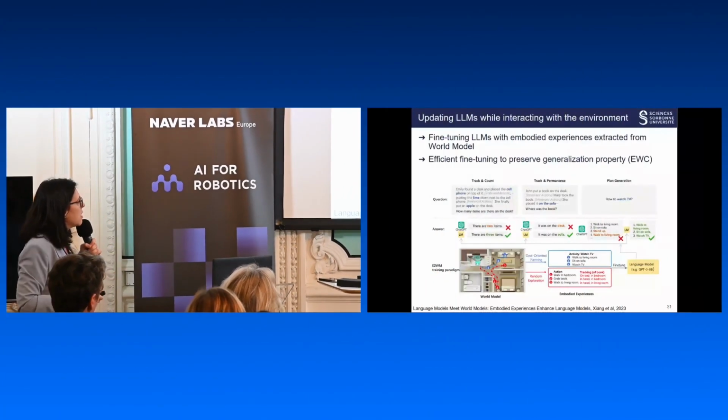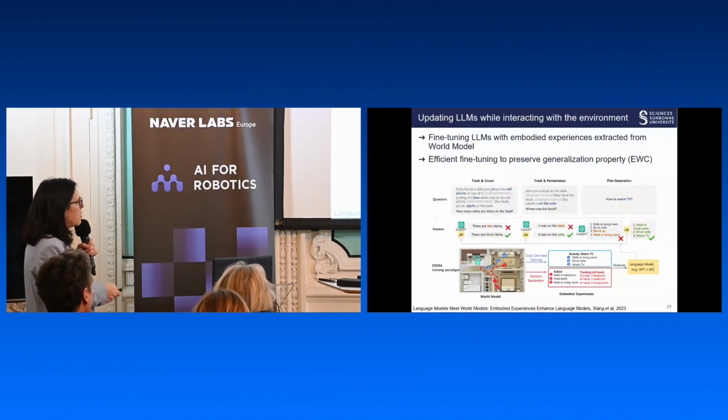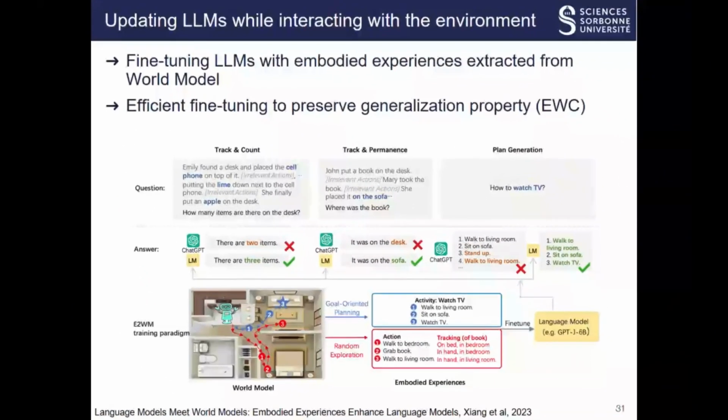And here, this is quite similar work for which the objective is to fine-tune a language model, but it is done according to the generation of new data given an environment. So you have here an environment with a robot that has to perform different tasks. And according to those different tasks, you have two models, a goal-oriented planning and a random exploration.